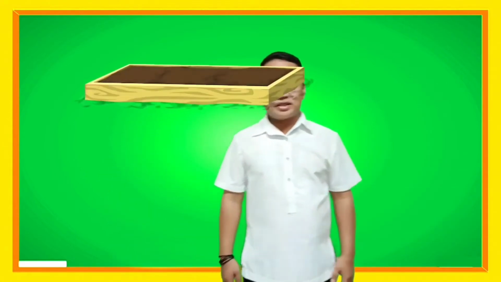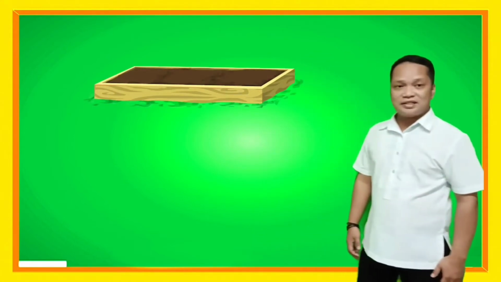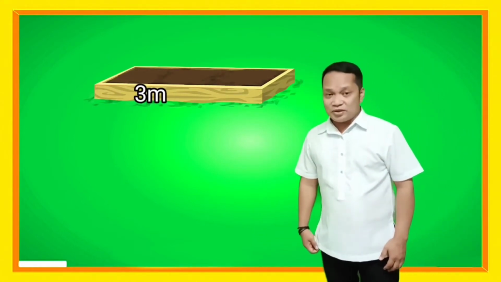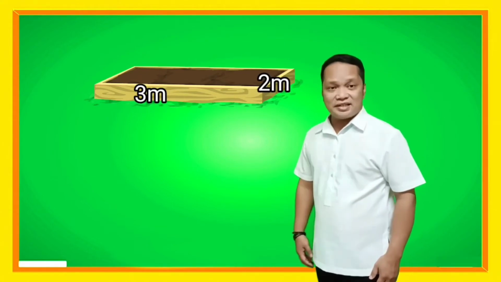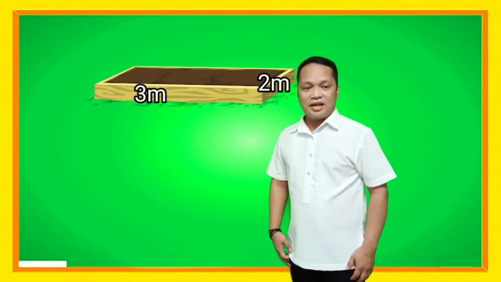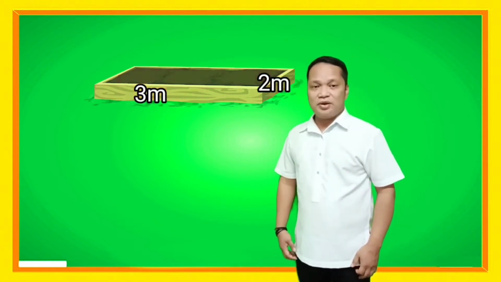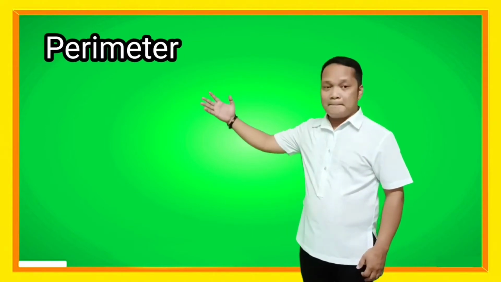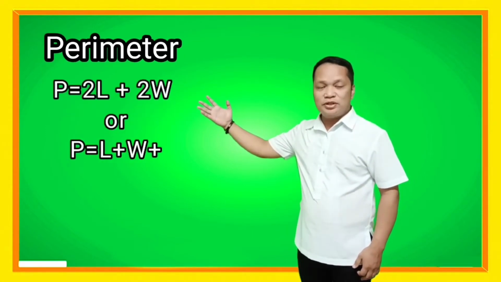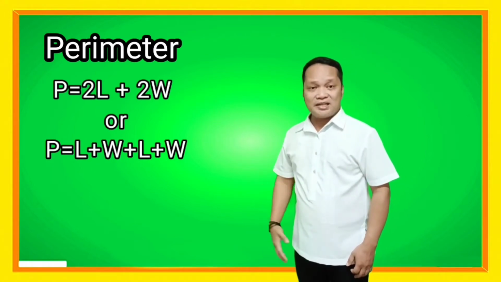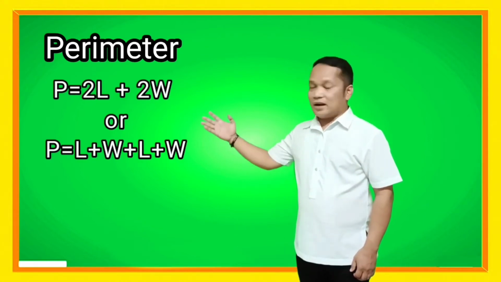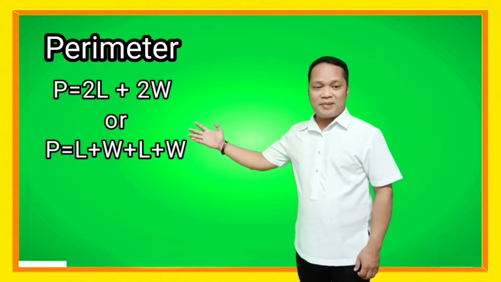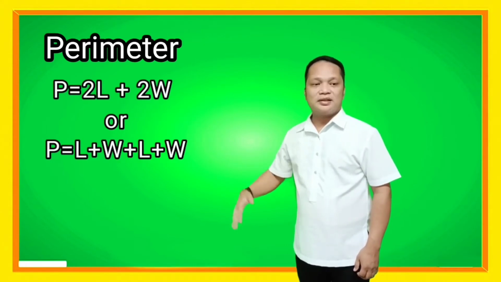Going back to the rectangular garden having the length of 3 meters and width of 2 meters. What is its perimeter? In finding the perimeter, we use the formula P is equal to 2 times L plus 2 times W, or P is equal to length plus width plus length plus width.